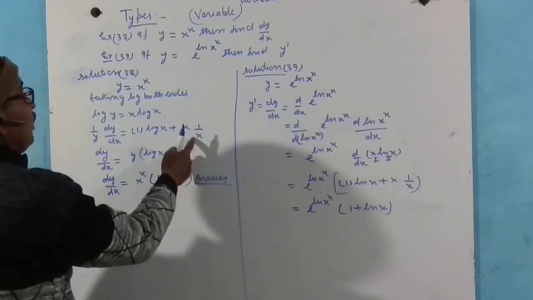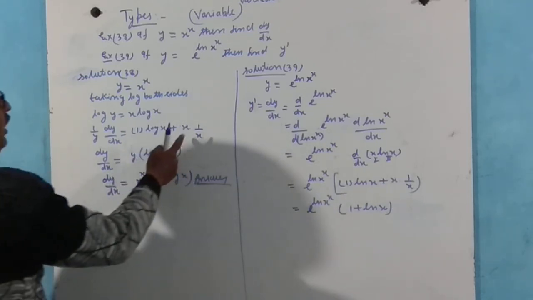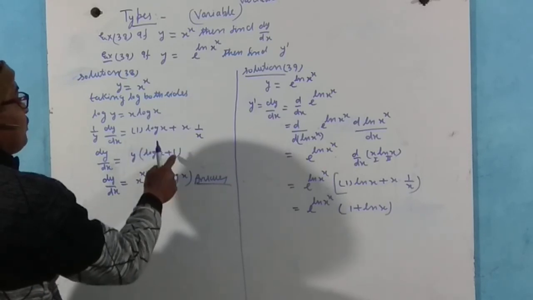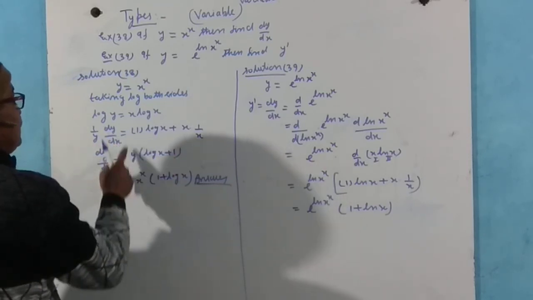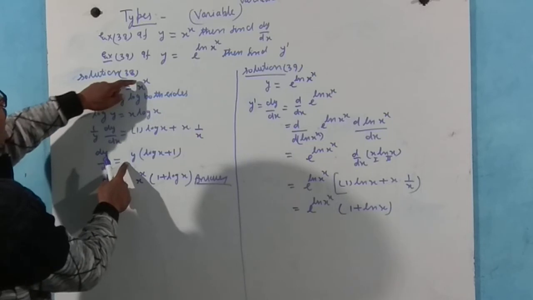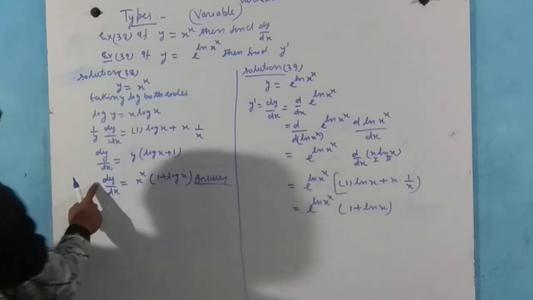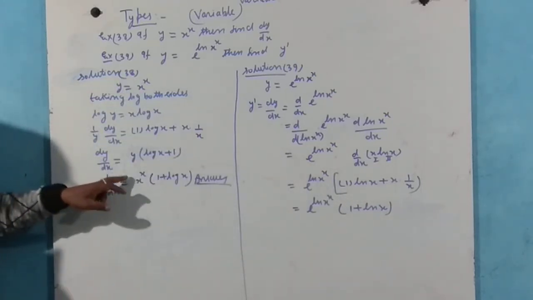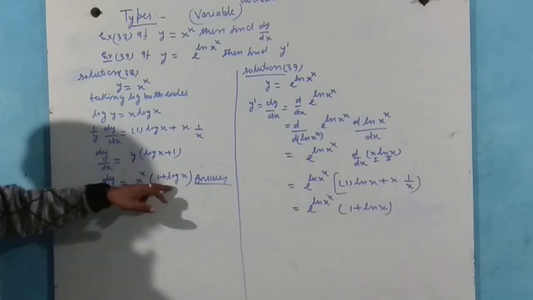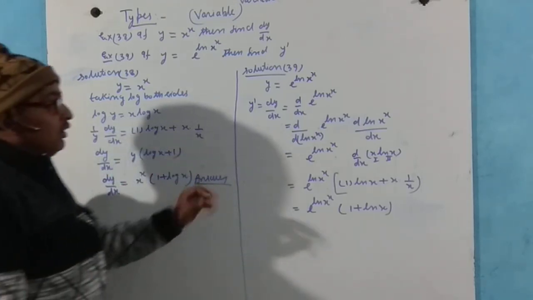Here the x's cancel, and we get 1 plus log x, and y comes here, so that y is x to the power x, so dy by dx is equal to x to the power x times 1 plus log x. This is our answer.